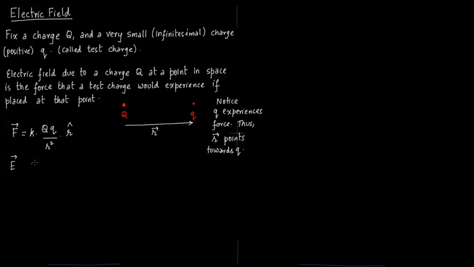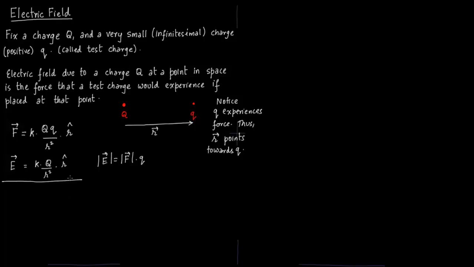So the electric field associated is K times Q divided by r square times r hat. Notice that I have dropped the test charge from the force. So electric field is equal to force divided by the charge.